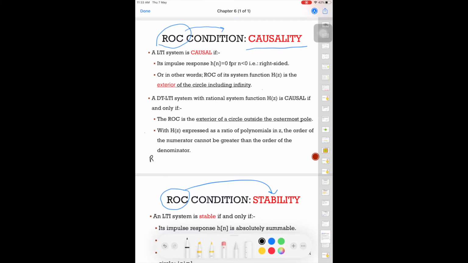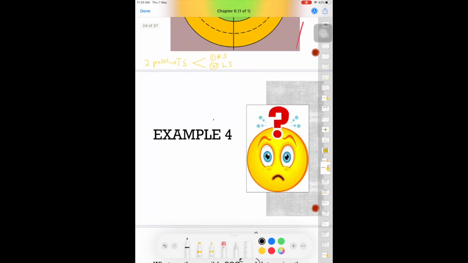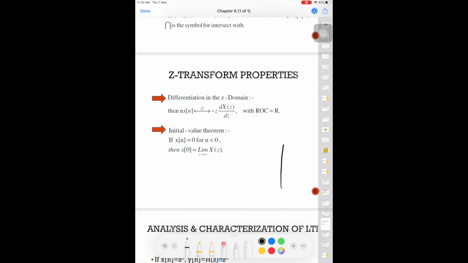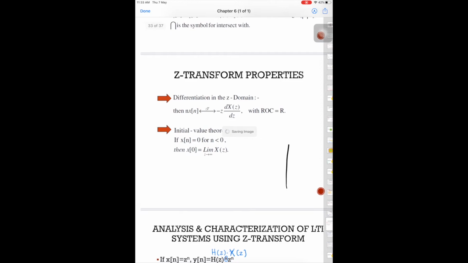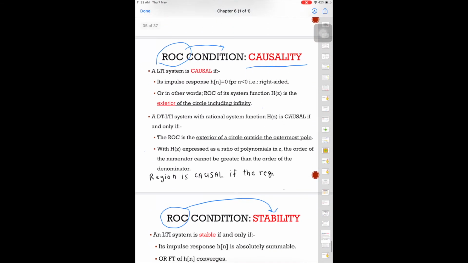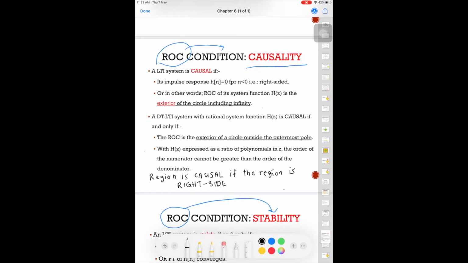The region is causal if the region is a right-sided region.